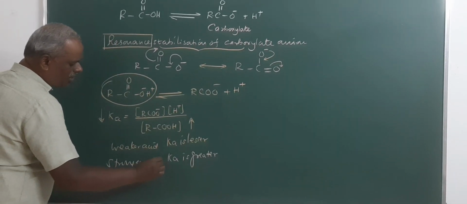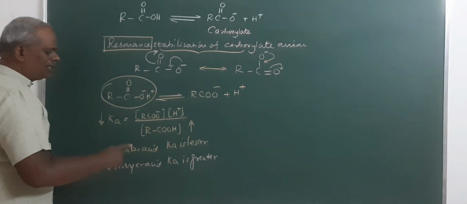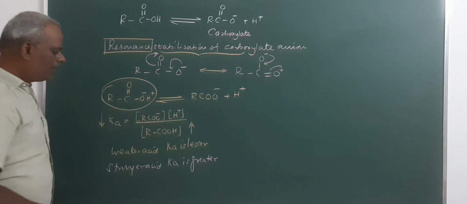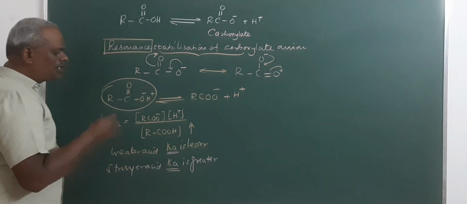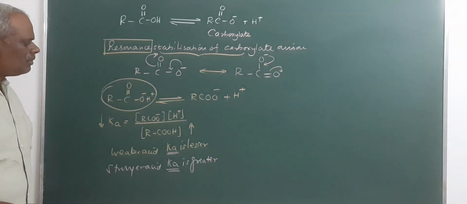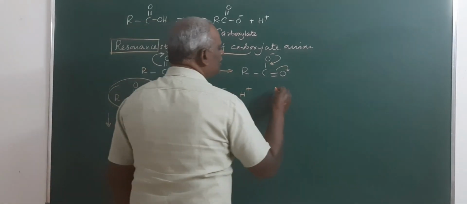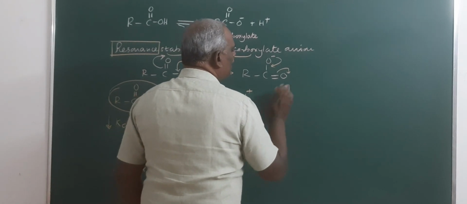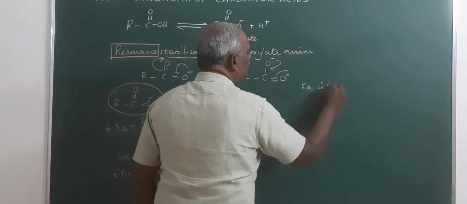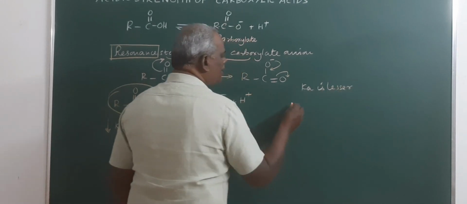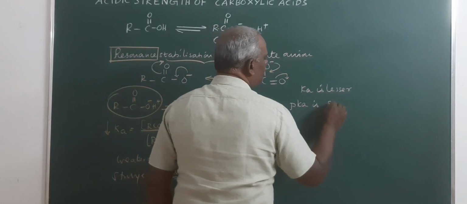So for a stronger acid, Ka is greater and for a weaker acid, Ka is lesser. In this way, Ka decides the strength of an acid. Carboxylic acids have a lesser Ka value and their pKa is greater.